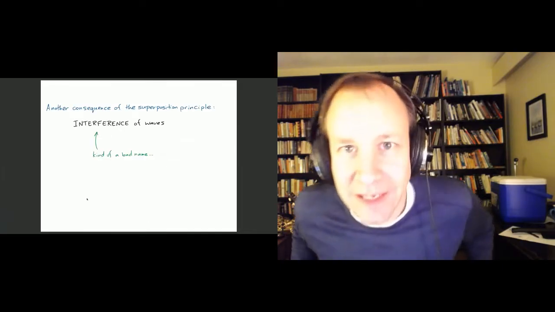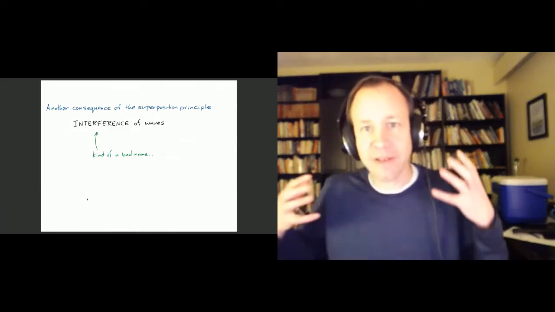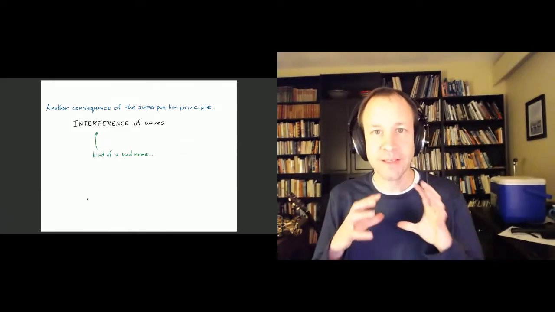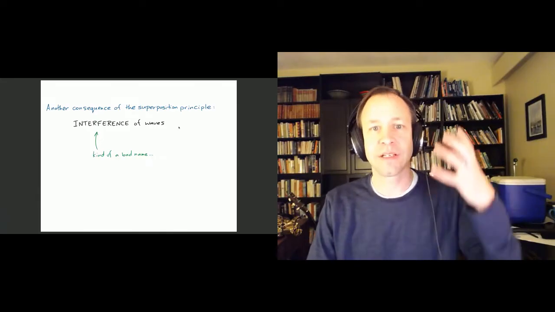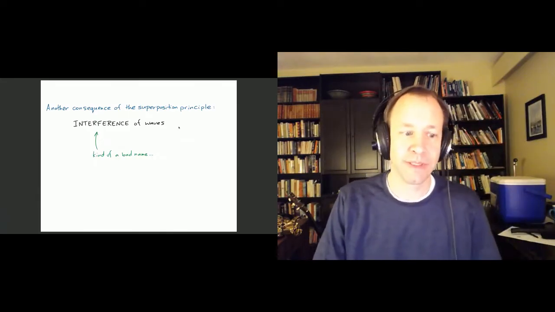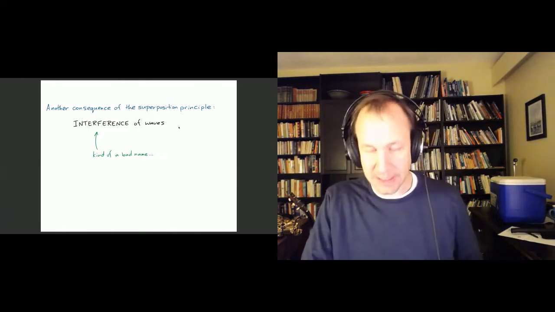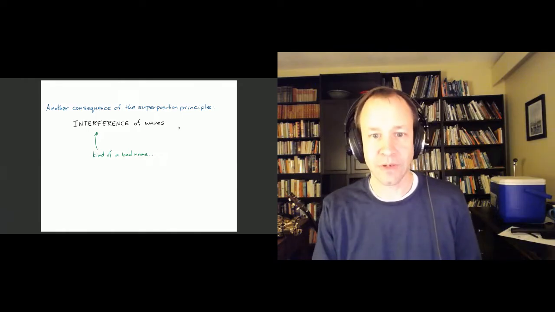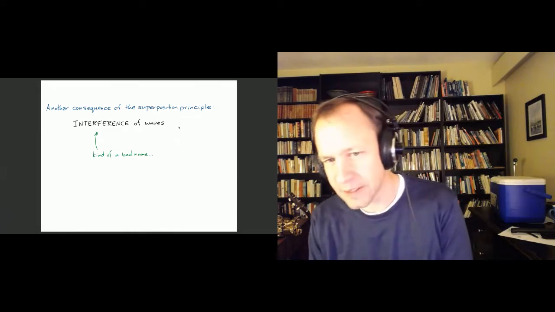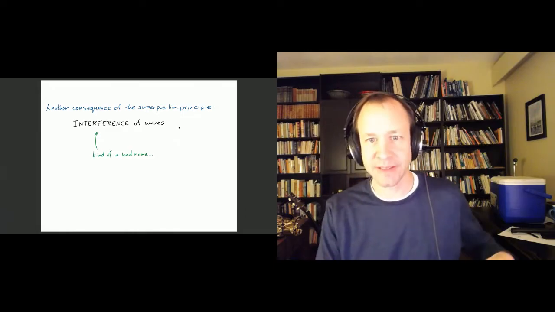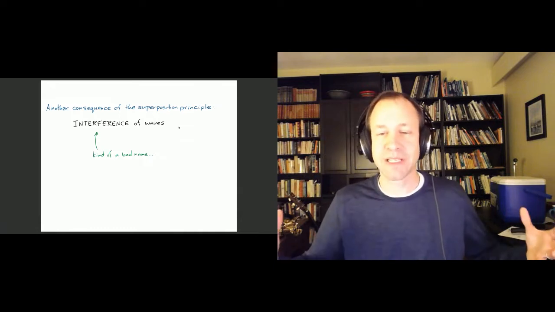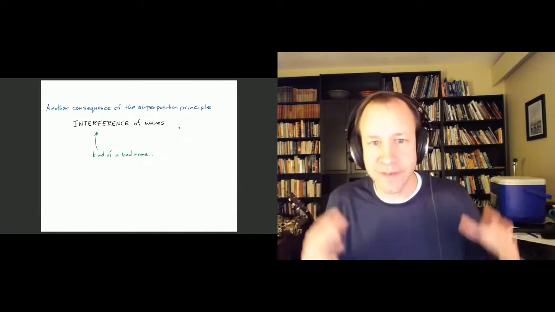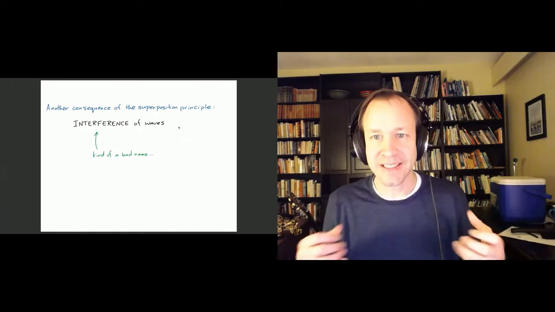So I want to talk now about our last topic, the last concept of this course, and it's related to the superposition principle. It's the idea of interference of waves, which, as I'll explain, is kind of a bad name, because the superposition principle says that waves don't really interfere with each other in the usual sense.